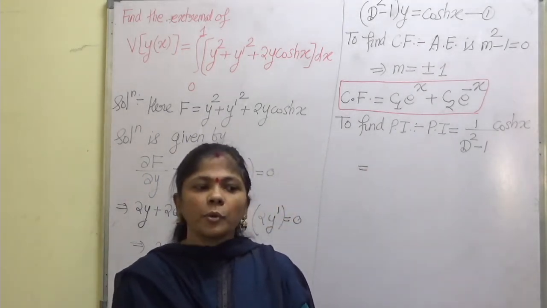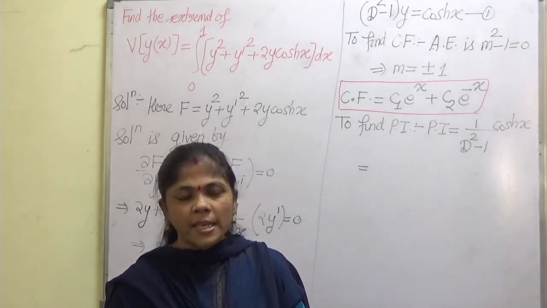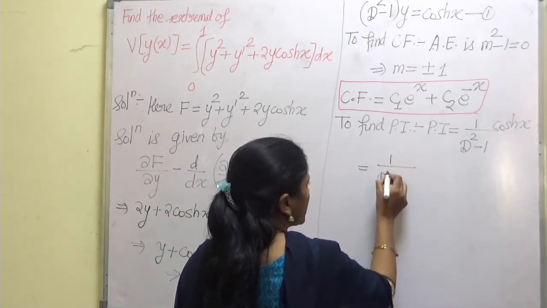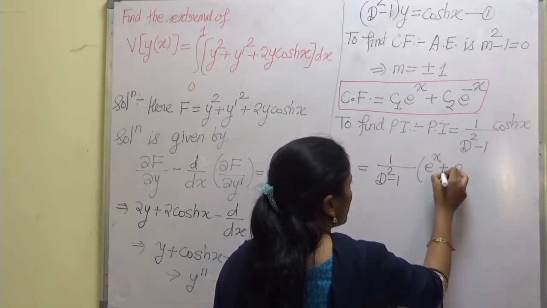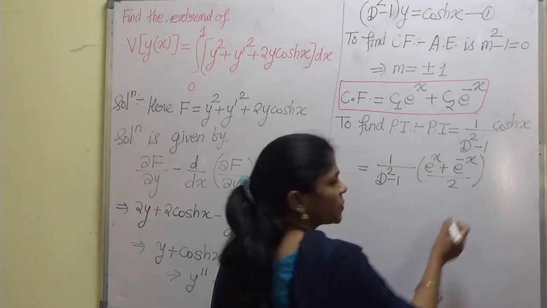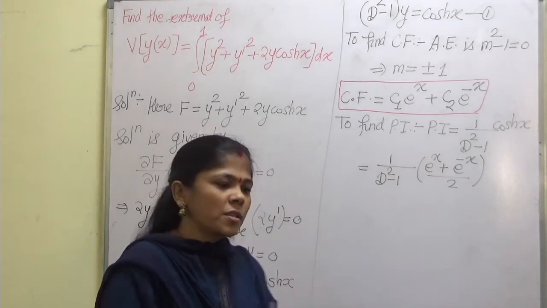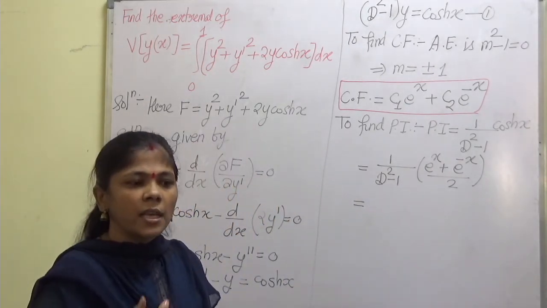No. So we will put it in the rules which are available, cases which are available. So I can write this cos hx as e raised to x plus e raised to minus x upon 2. So this gets converted into the exponential form, for which case 1 is applicable.